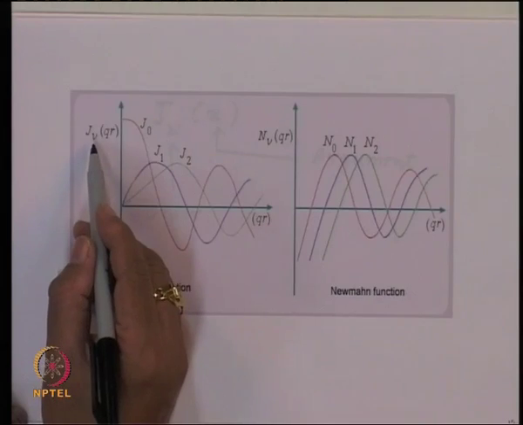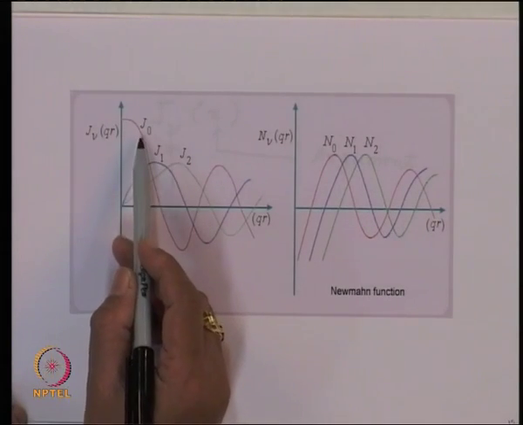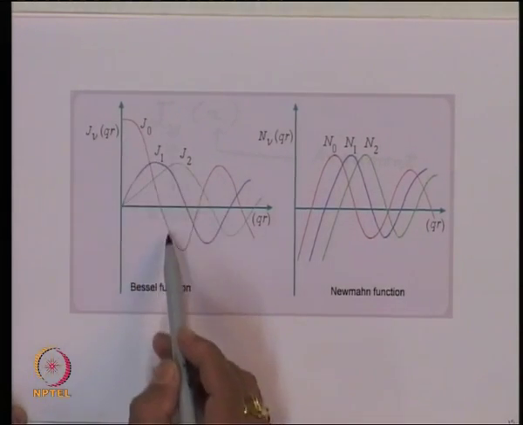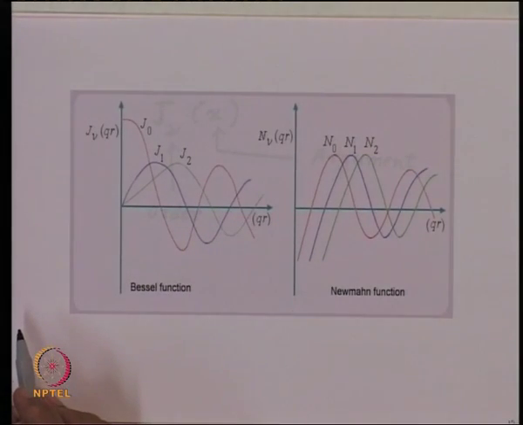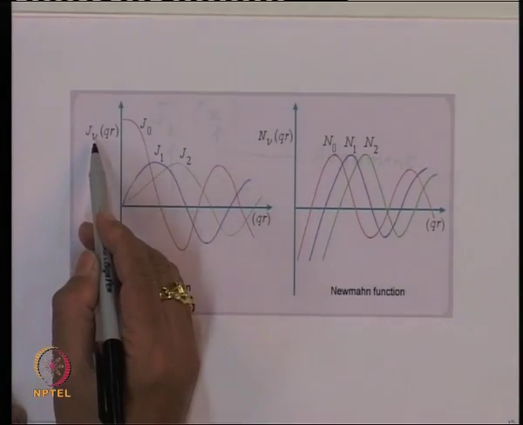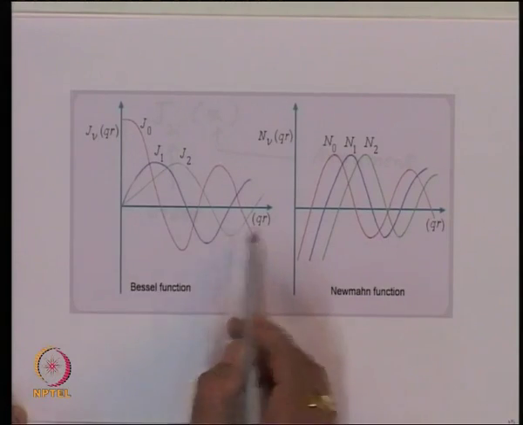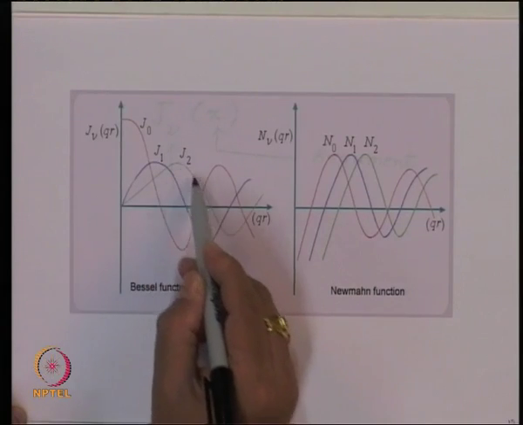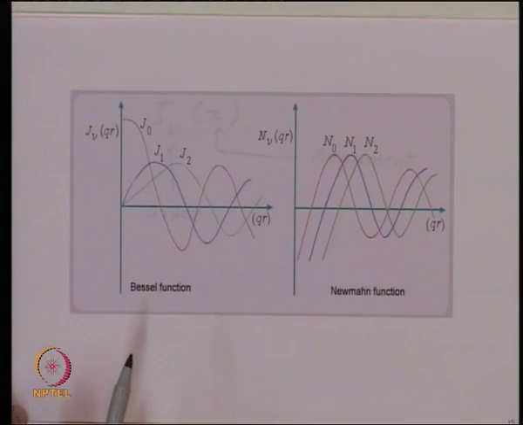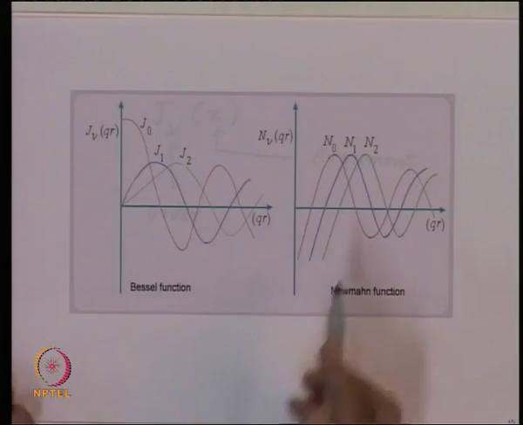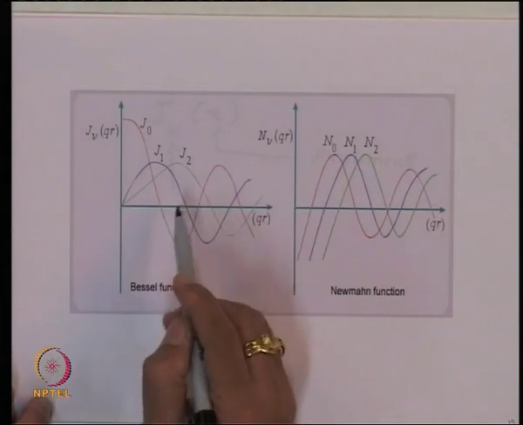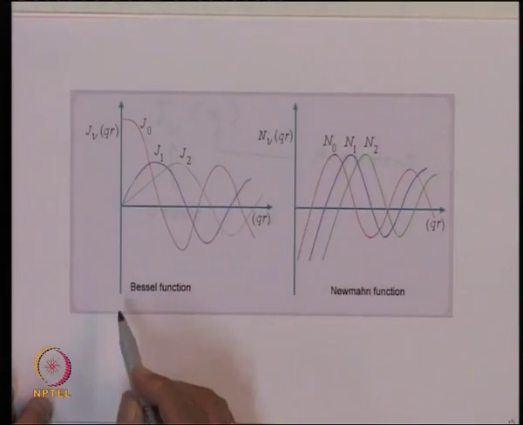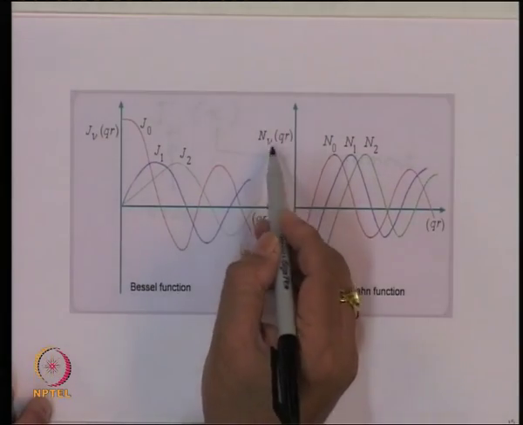If I put nu equal to 0, I get what is called the J0 Bessel function, which looks like that. If I put nu equal to 1 and vary the argument q r, I get this J1 Bessel function. Then I get the J2 Bessel function, and so on. Similarly, for the Neumann function, nu is the order of the function and this quantity is the argument.